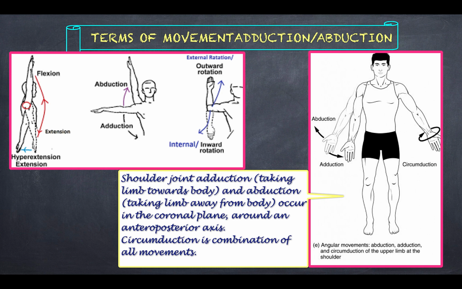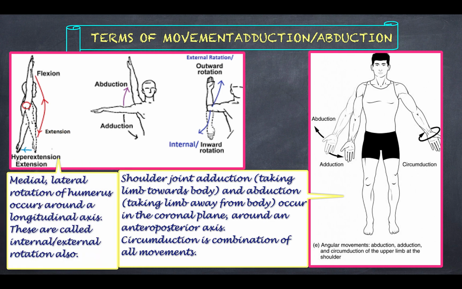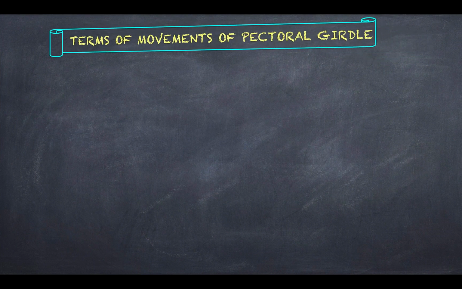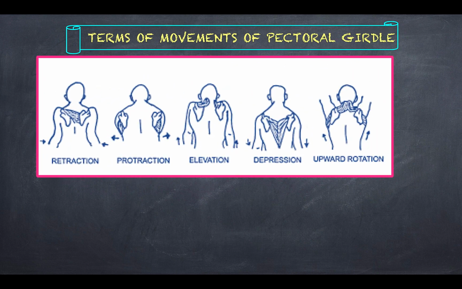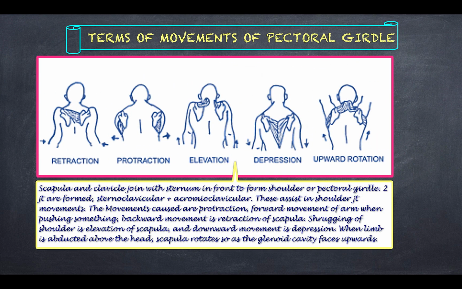Our hand will make a circle around it. So this is circumduction. Medial and lateral rotation are along a long axis. You will understand axis and how the movement is going when you study the joints in detail. Now this is the movement of the pectoral girdle, which is helping the shoulder joint, but these movements are not occurring at the shoulder joint.